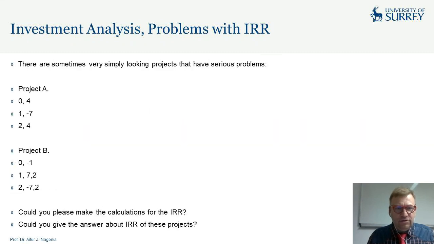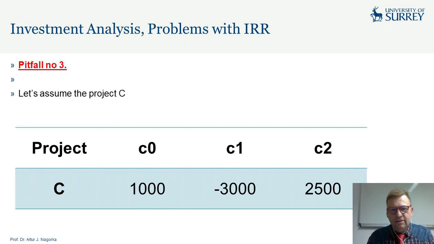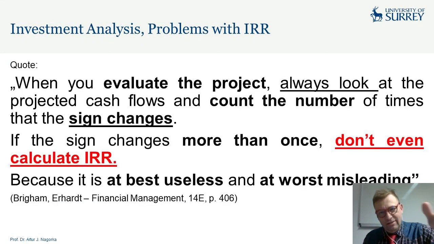As well, project C is like this. How many times did the sign change? Twice. Exactly. So if we see it from the start, what could we say? If the sign changes more than once, don't even calculate the IRR.